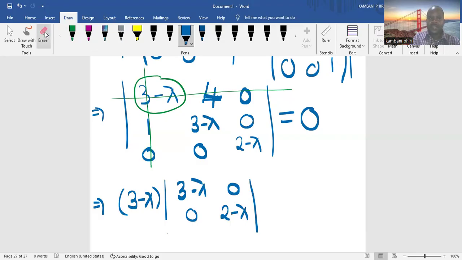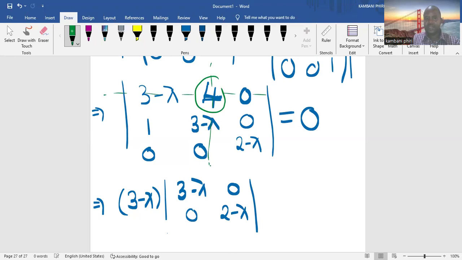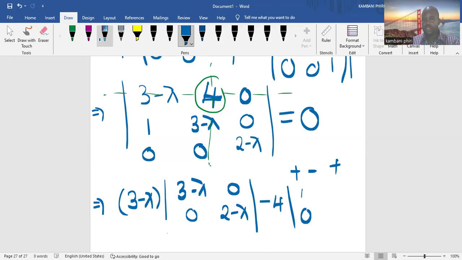Then I move to the next one, using plus, minus, plus, so it's minus 1 times the determinant of 4, 0, 0, 2 minus lambda.